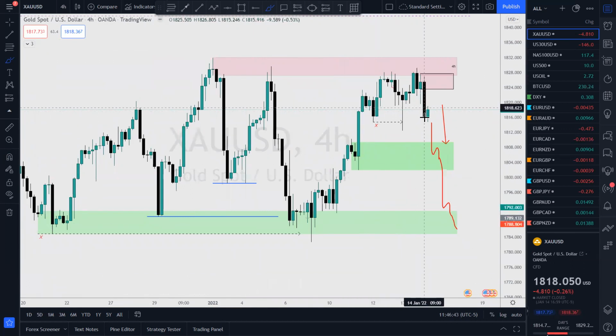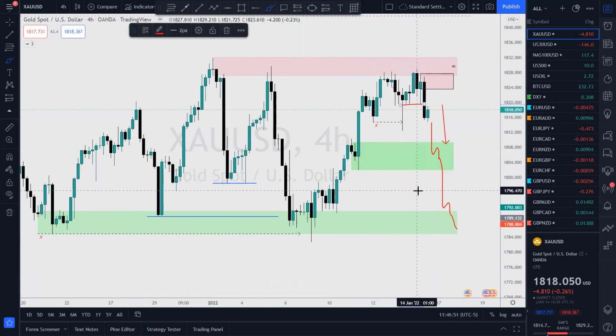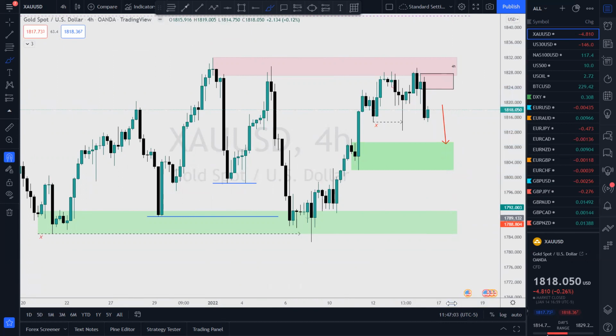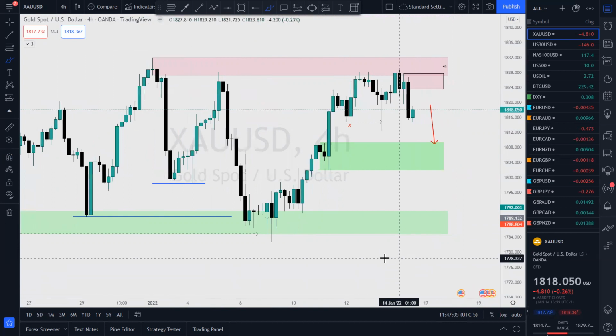So I am looking for, you see that we took this low here, and we have short-term lows broken here. If we take out this low, I would be looking for a return to impulse and then down. I would. Yes, I would. So there's a couple of things to consider here.